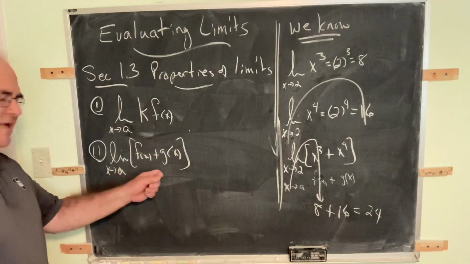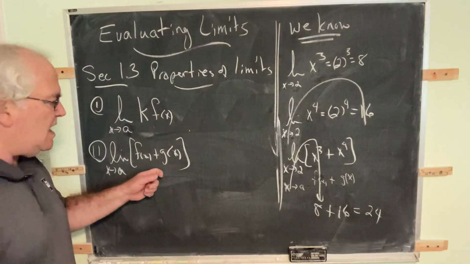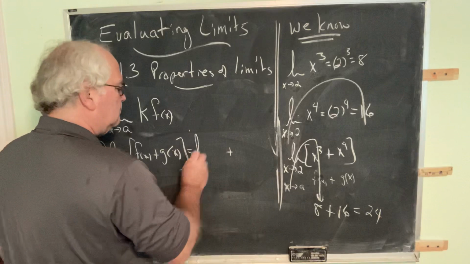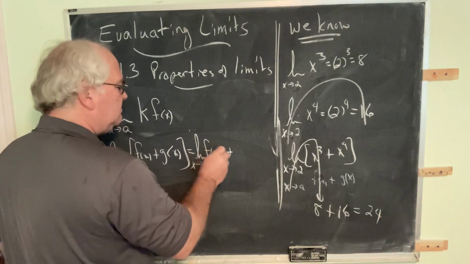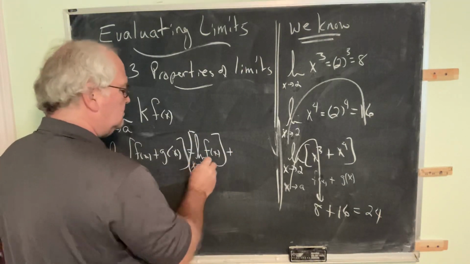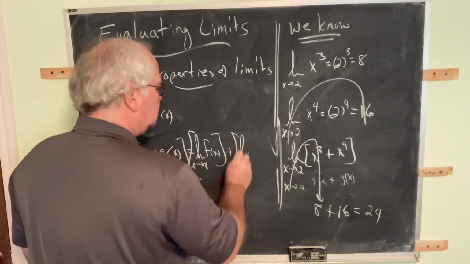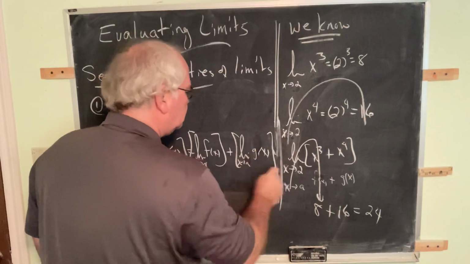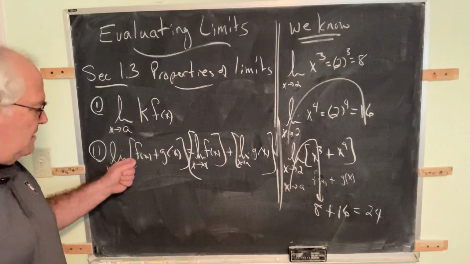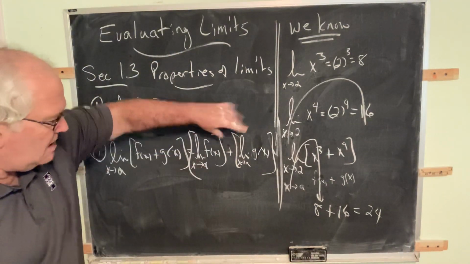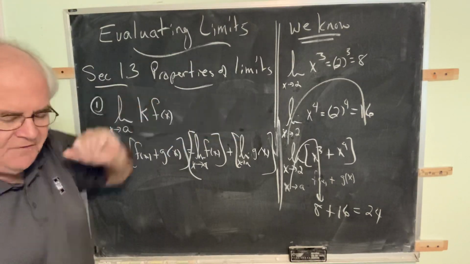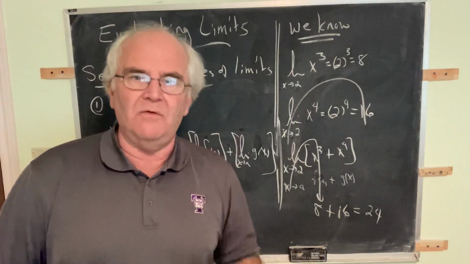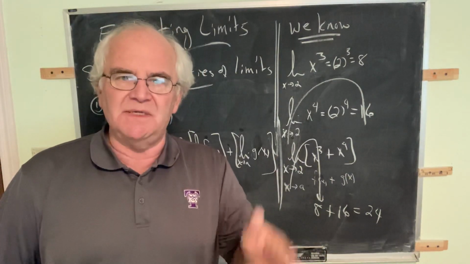The limit of the sum, S-U-M, is the sum of the limits. And if you hang around the math course long enough, you're going to hear that kind of thing over and over and over again. The limit of the sum is the sum of the limits.